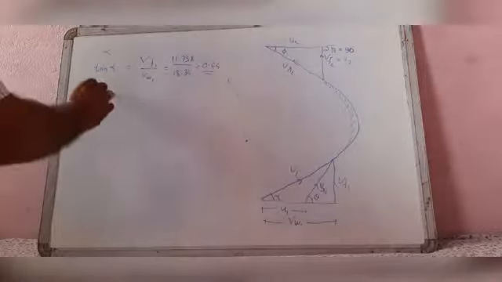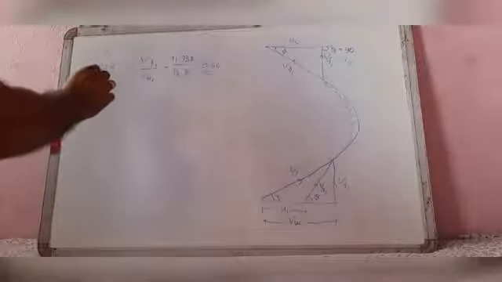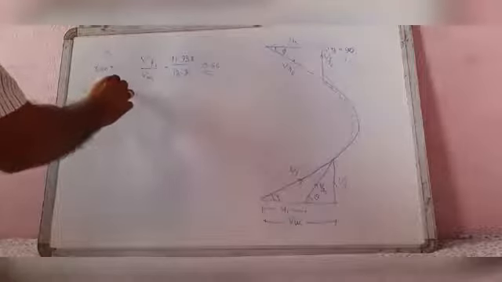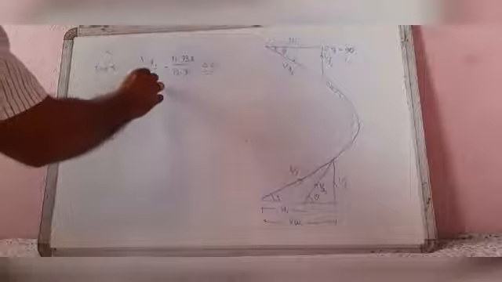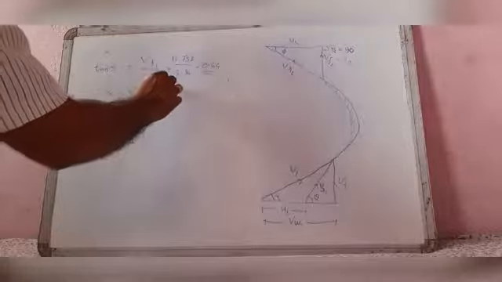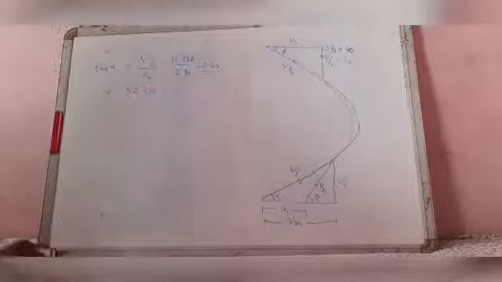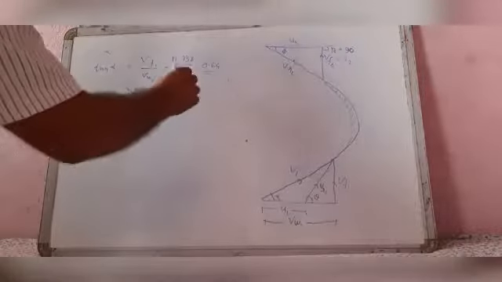So the value of alpha equals 32.619 degree, equal to 32 degree 37 minutes.